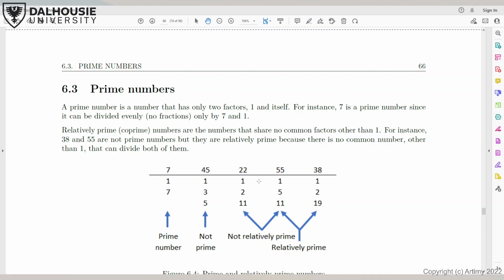A prime number is a number that has only two factors, so it can be divided only by itself or 1. So 7 is a prime number, right? 9 is not. 9 can be divided by 3, so you get 3. 11 is a prime number, 12 is not, right? So that's understandable.